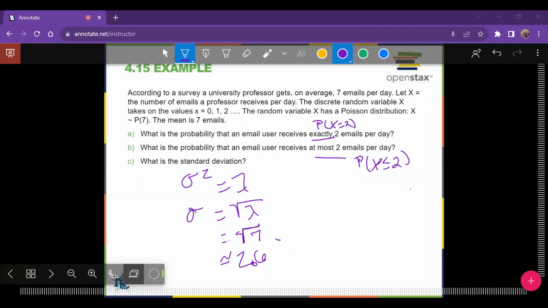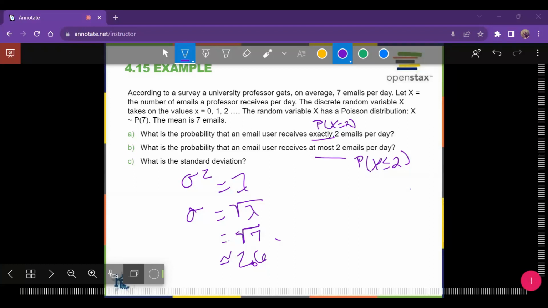Oh, and our mean's not 2, it's 7, right? 7 is the average number of emails per day. So our probability there is 0.0223.